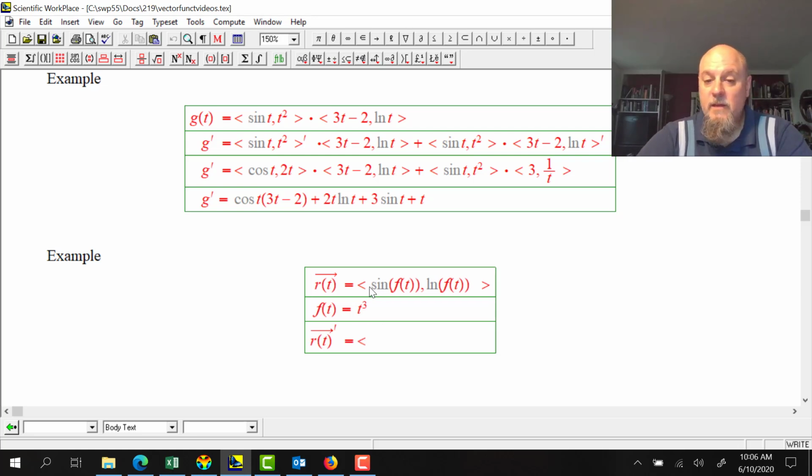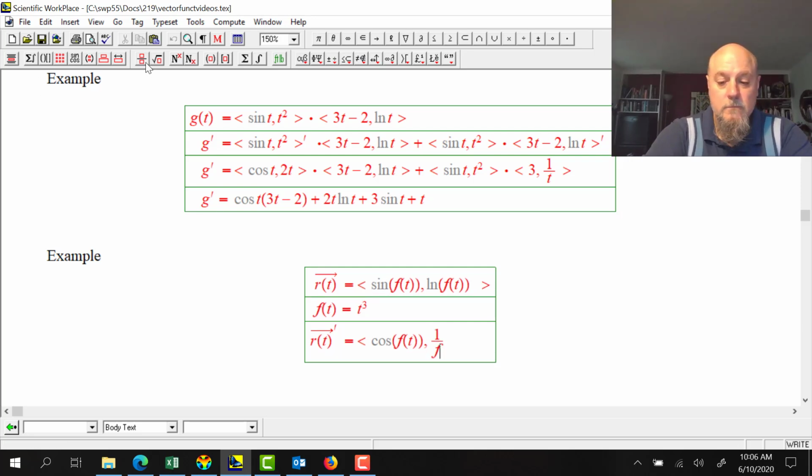So that's going to be, take the derivative of the outside function, so sine becomes cos, leave the middle alone. The derivative of ln of is 1 over. There's the derivative of the outside function times the derivative of the inside function.